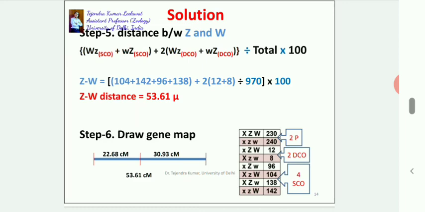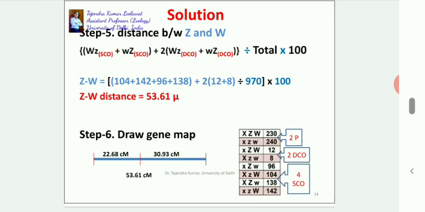So in the next step we have to draw the map. This map is showing 22.68, the difference 30.93 and 53.61. Sorry, I forgot to mention Z, X and W here. Whenever you draw in your notebook, mark at the first position a red line before the 22.68 and mention Z. After the 22.68 red line, mention X according to the gene order, right?